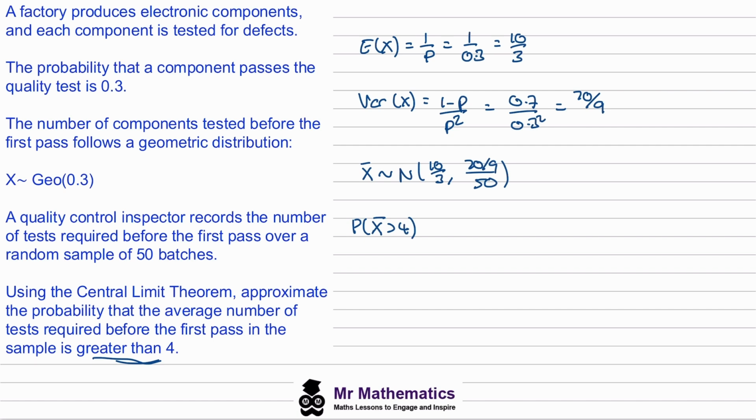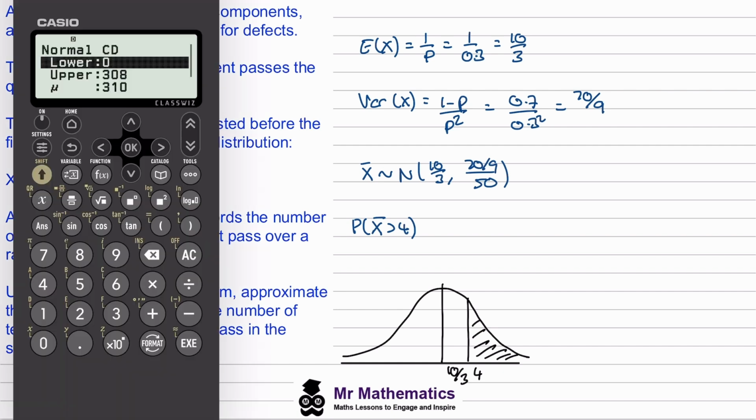So I'll sketch the normal distribution curve. We've got our mean as 10/3, and we want the probability of the sample mean being bigger than 4, so in this region. So we'll go back to our calculators. The lower is now 4. The upper is anything 3 standard deviations above the mean, so I'm going to leave that as 308.